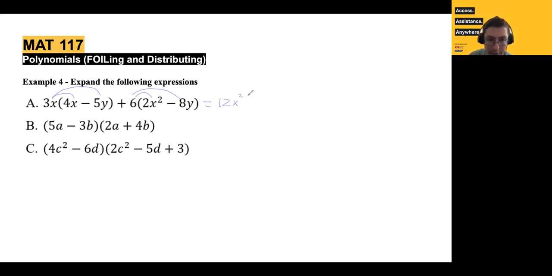3x times negative 5y is negative 15xy. And then 6 times 2x squared is 12x squared. Negative 8y times 6 is minus 48y. So conveniently, we can combine the two 12x squareds.